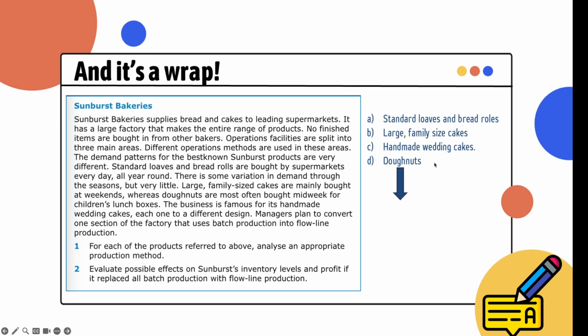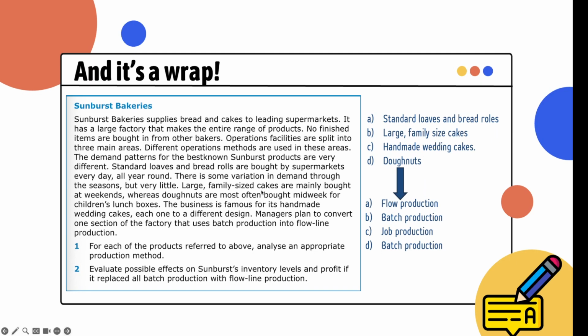So for standard loaves and bread rolls, flow production is a suitable method, right? Because they're bought by supermarkets every day, all year round, and they're standard loaves. So with flow production, they will be able to produce massively. Yeah, large family size cakes use batch production, right?